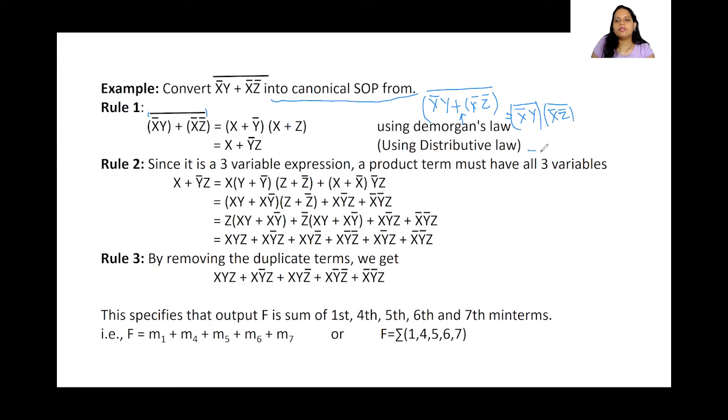This I can further reduce, the bar and bar get cancelled, so x will remain, and it becomes OR, so x plus y bar. Then x bar bar gets cancelled, I'm left with x, and it becomes OR, z bar double bar gets cancelled and z will remain, and I'm left with this expression. So that is how I get this step.